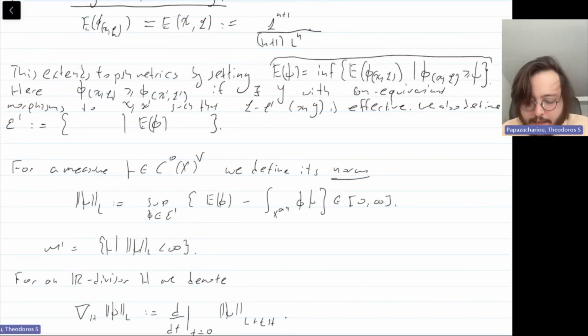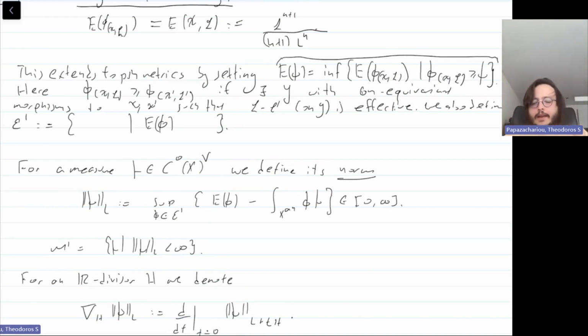It's a bit technical, but the whole point is that I'm taking the infimum of all the energies of Fubini-Study metrics, such that essentially I have this property where I say phi is bigger or equal than psi, but all this means is that if these two things are induced by two different test configurations, I can find a third test configuration essentially dominating both of them, such that the difference of the classes, so this difference here, so these are again the pullbacks on this y that dominates both test configurations, is effective.